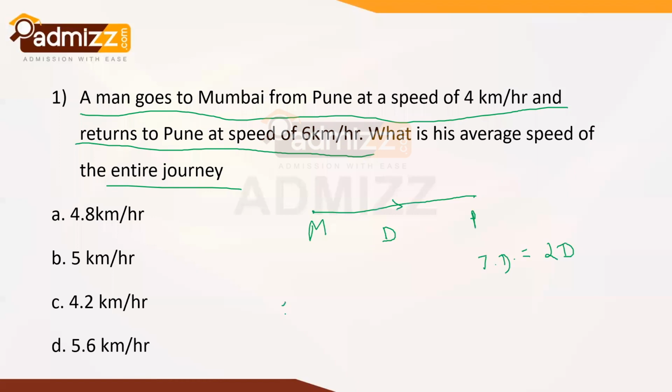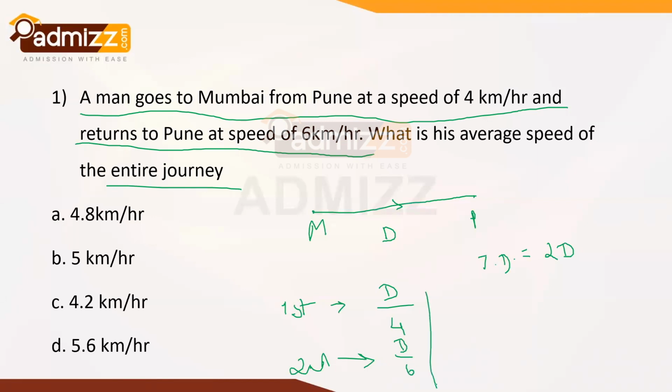For the first part, going from Mumbai to Pune, the time that he takes is the distance by the speed, which is d by 4. And in the second phase, the returning phase, the time that he takes is d by 6.